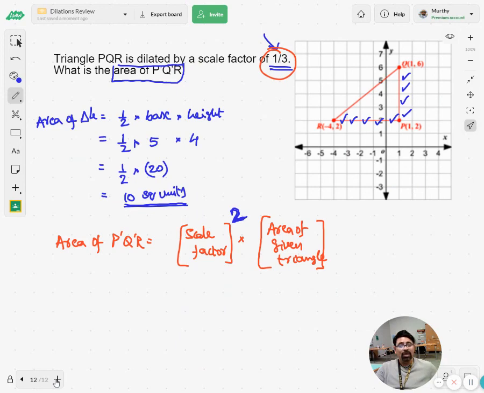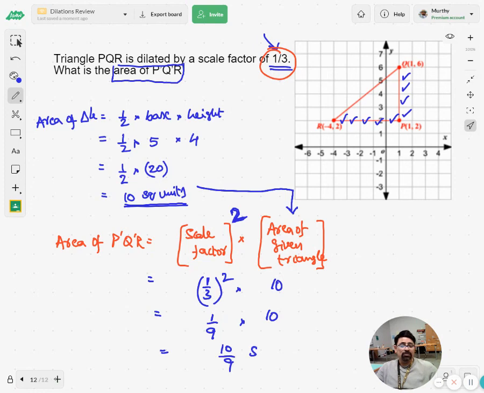But when it comes to area, you have to take scale factor square. So scale factor is 1/3 square. What is the area of the given triangle? That is 10 units. So 1 square, that is 1. 3 square is 9 times 10. So 1 times 10, that is 10/9. These many square units.